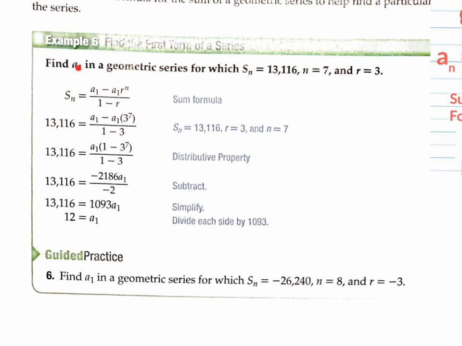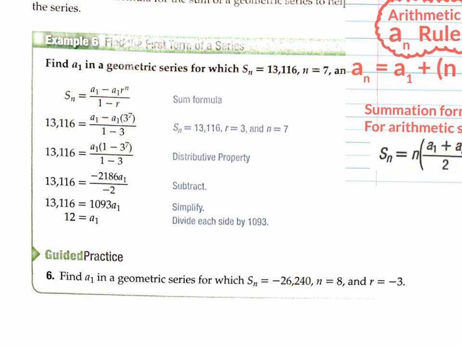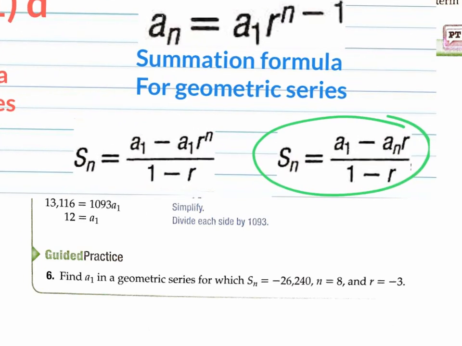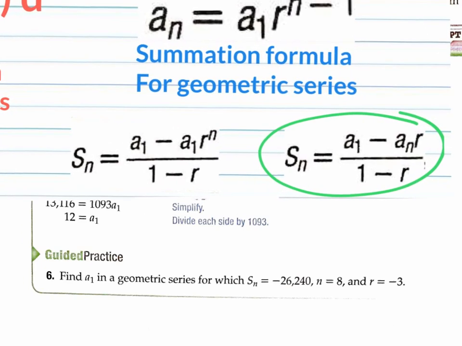They want the first number on your geometric series, for which the summation of all those numbers is 13,116, where there's 7 numbers on the actual list, and the common ratio is 3. So you have these notes over here, and you have to find out which one of these to use. Are you going to use this formula here, or this formula over here? It all depends on what they give you, all right?